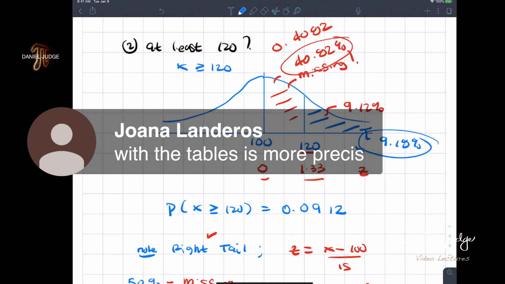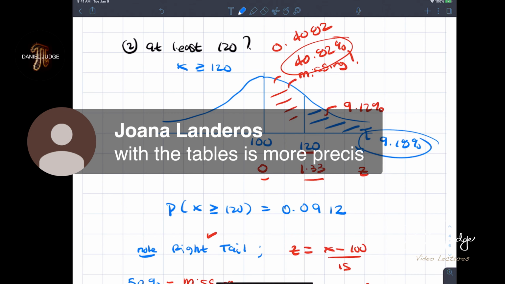Or maybe less precise. You see, the reason I think you might see these errors is because the tables only go out to 4 decimal places. Your calculator is a little bit more accurate. It goes out to a lot more, or can, in theory.